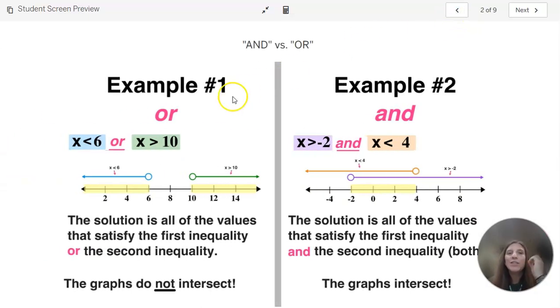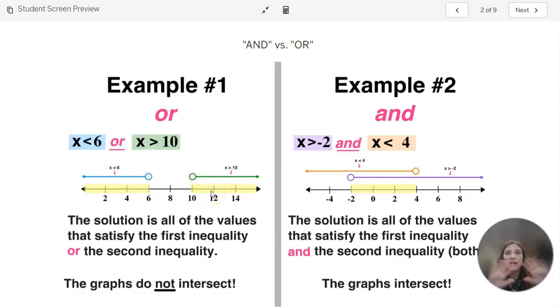During this lesson, we're also going to be talking about the important keywords "or" and "and." Now, if you have two different things and both have to be true, then you're looking for the intersection where both of them intersect. If you have two different things and either one or the other could be true, it's going to be one or the other.